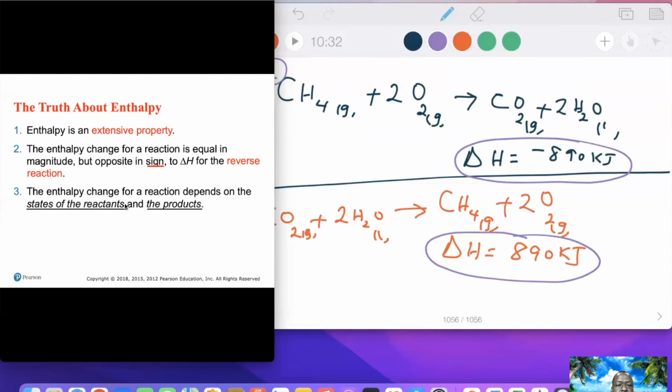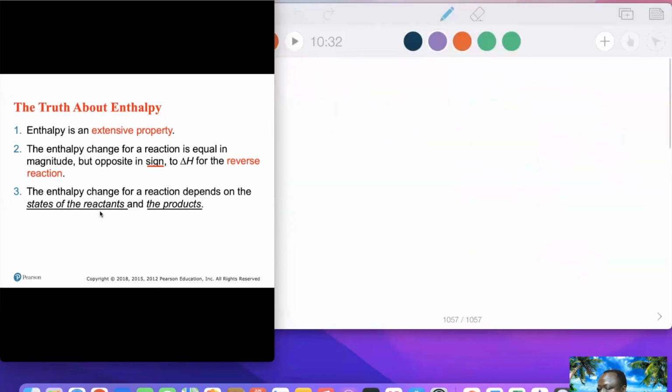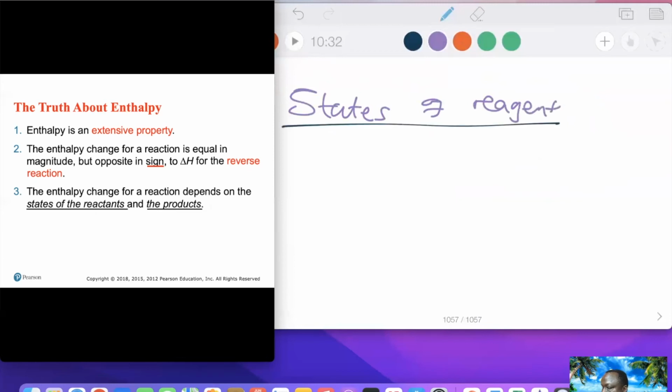Now, the enthalpy of reaction depends on the states of the reaction. States could be of the reagents and by the end products, like that. So it's not only the reagent. Is it solid? S. Is it liquid?